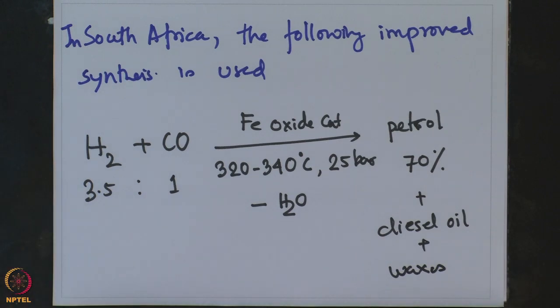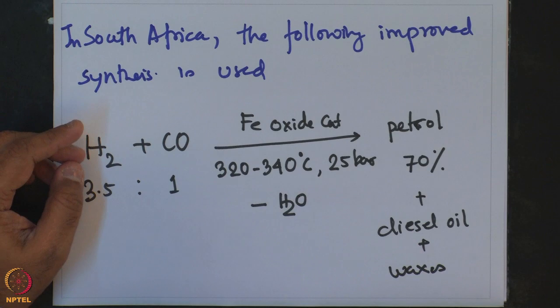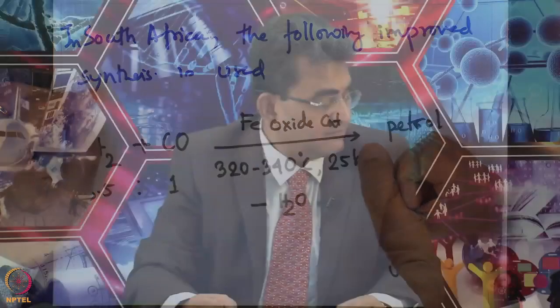So, one sees that upon changing the catalyst to some iron oxide based heterogeneous catalyst, one can improve upon this product selectivity. However, that is not too much, given the fact that only the petrol component increased from 50% to 75% under this improved method.